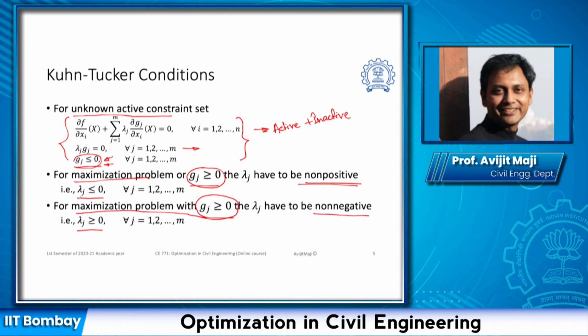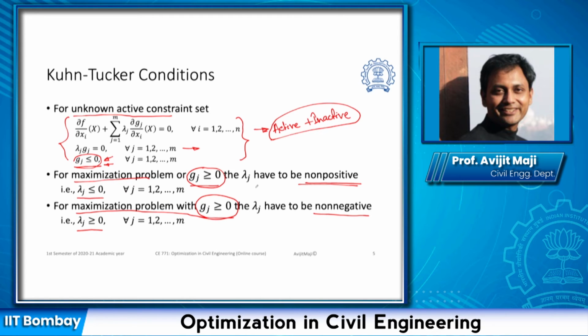So this is the generalization of the Kuhn-Tucker conditions which we discussed in the previous slide, and in these particular cases we can actually consider both active and inactive constraints together, which means we do not have to identify the active constraints to conclude whether we have reached the minimum or the maximum point, or the minimum or the maximum function value.